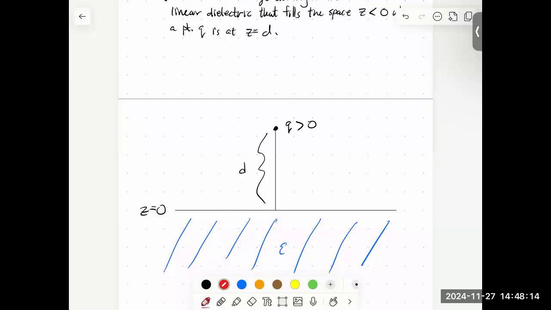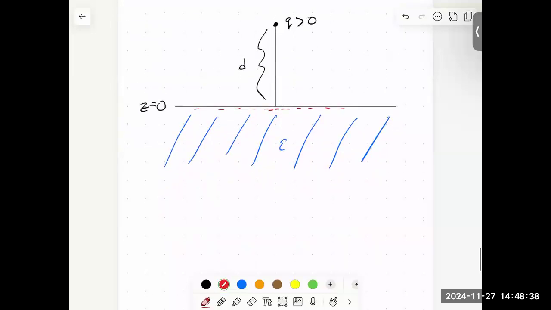And there's going to be, presumably, a higher concentration of these negative charges directly below where the plus Q is. And so that charge density should spread out, should get weaker as we move away from that position. All right. So that's what we think will happen. Let's see what our calculation shows us.